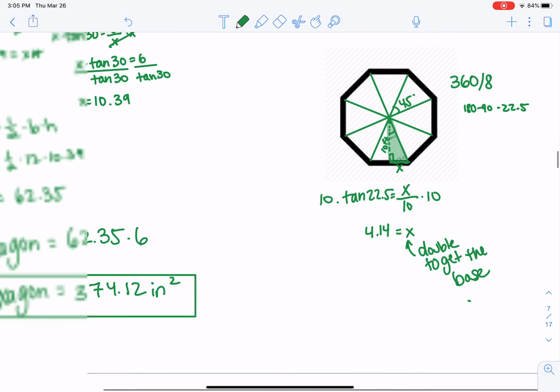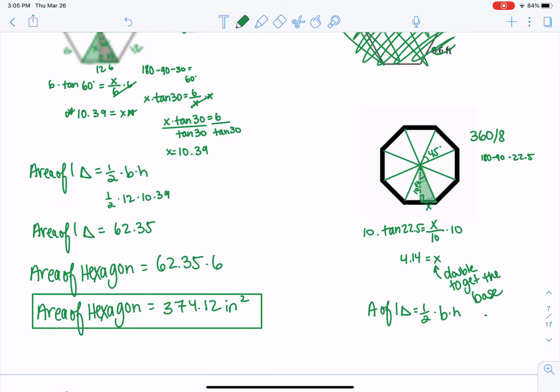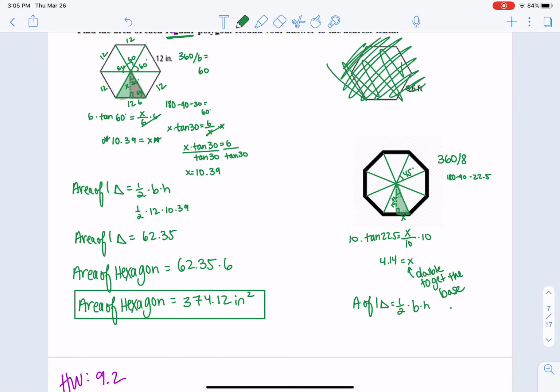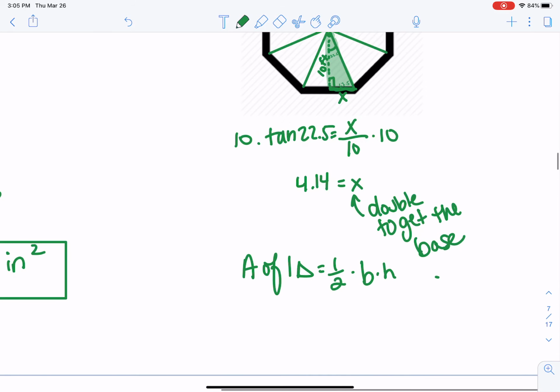Okay, so now we can find the area of one triangle. So the area of one triangle is 1/2 times base times height. The base is 4.14 times 2, so 8.28. That's a big spot that people miss.